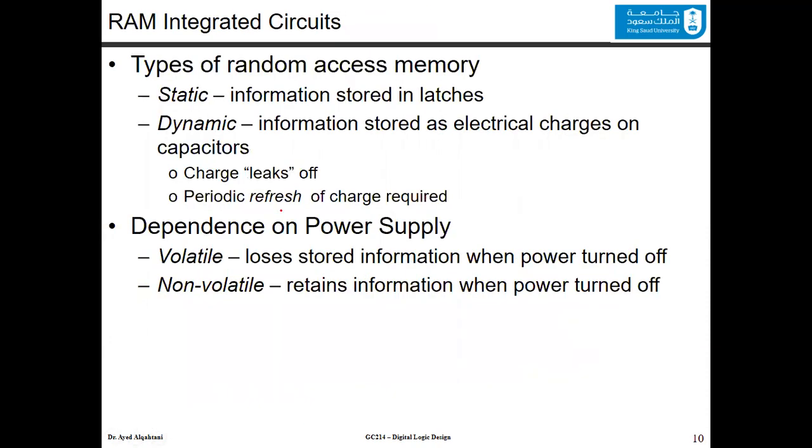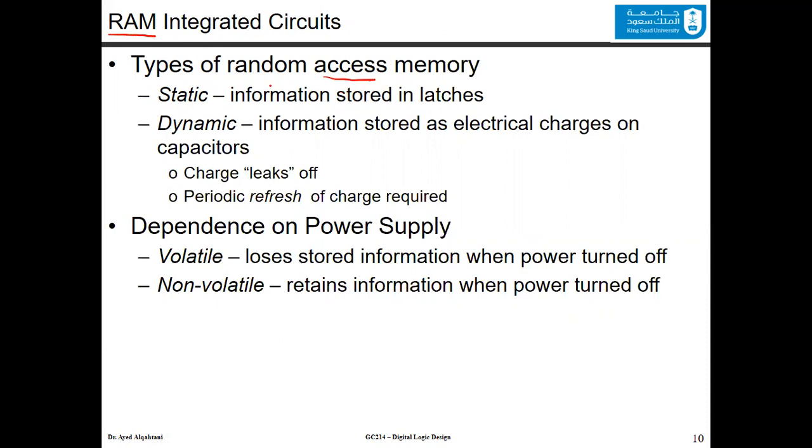Now, as there are so many aspects related to the memory, to understand different aspects we need to know the types of RAMs, or the types of random access memory. Here we are working with only RAMs.